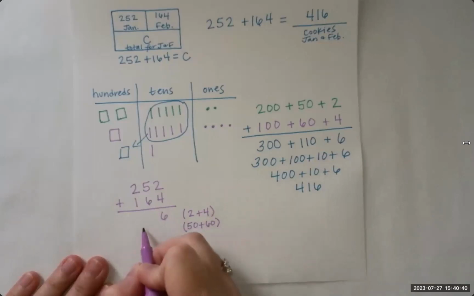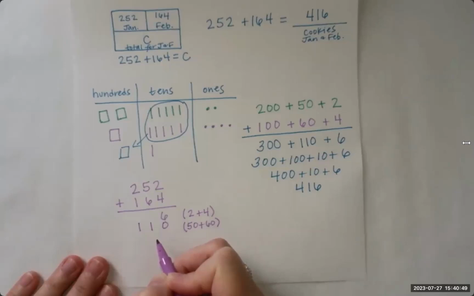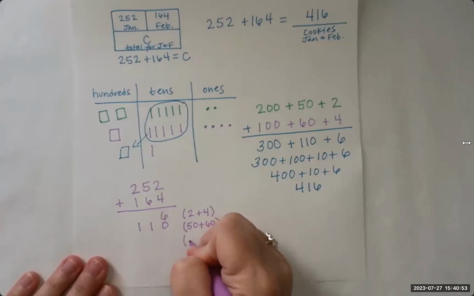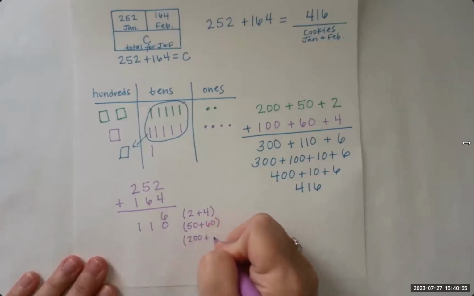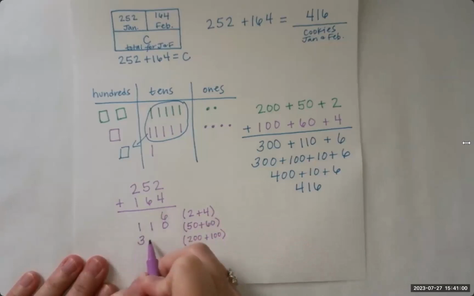Because I have 110, I do have a digit that's already over in that hundreds place. And then finally, I need to add my hundreds. 200 plus 100, which is a total of 300.